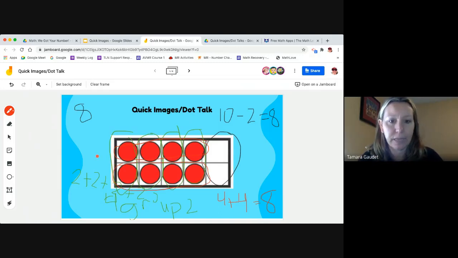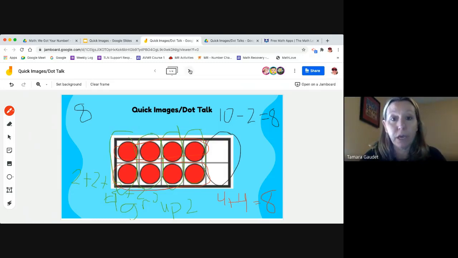All right, so that is our first one. And there is different ways people could have seen it. But really what we're looking for is to help the kids notice the different patterns throughout it. So a 10 frame beautifully sets it up for different patterns. We could use a 5 frame, you can use a 20 frame, whatever you want, depending on how you're working with your kiddos and what number.